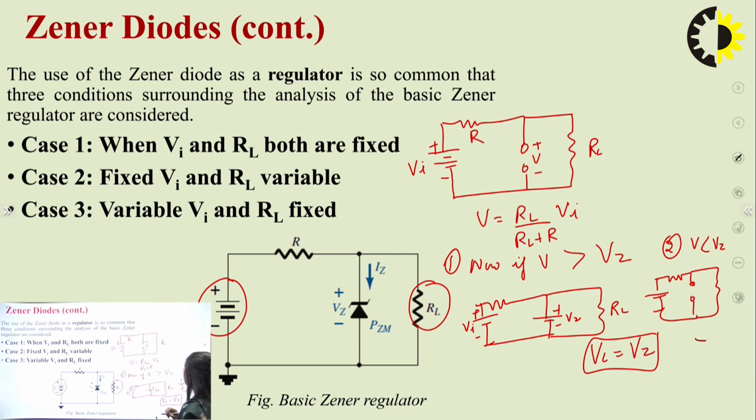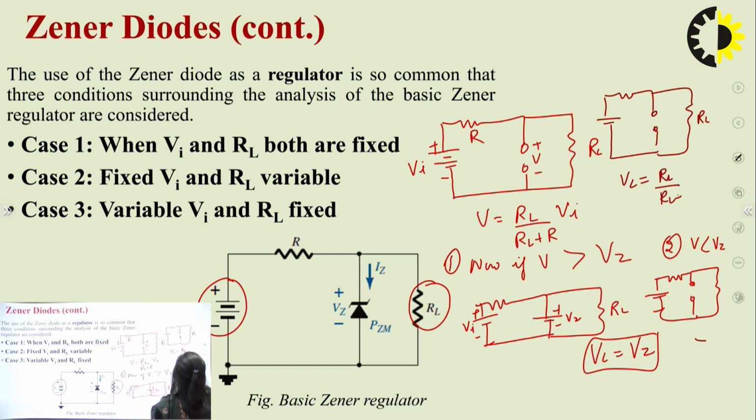In that case the diode will be open circuit, and the voltage across RL, VL, would be equal to RL upon RL plus R times Vi. So in that case the output will be this much that we have calculated, and if V is greater than Vz, the output will be VL equal to Vz.